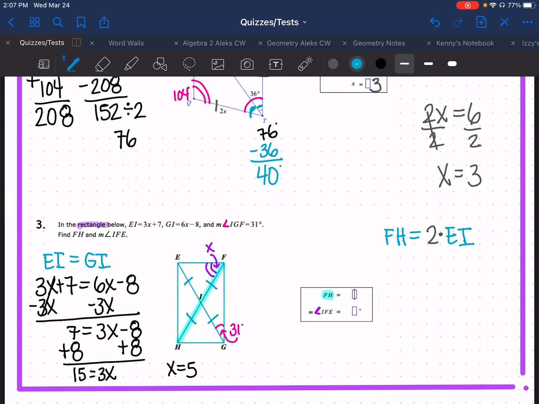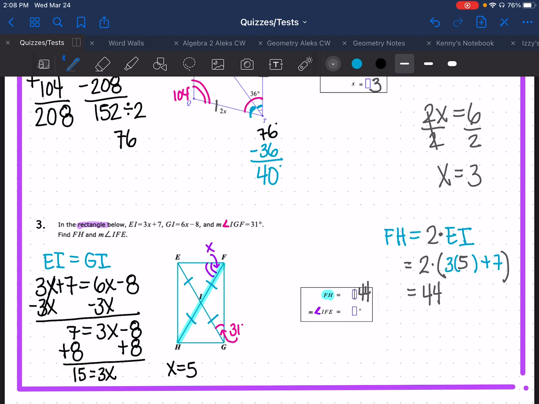So 2 times EI, which was 3x plus 7, and x was 5. I'm going to put this into my calculator. 3 times 5 is 15, and I can do 2 times 15 plus 7, and I get 44.